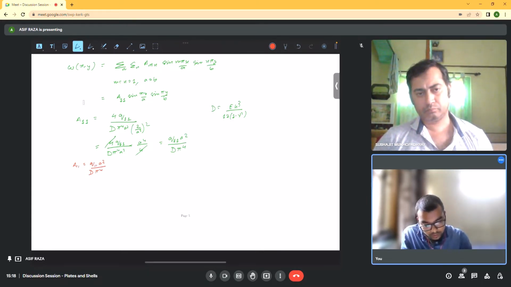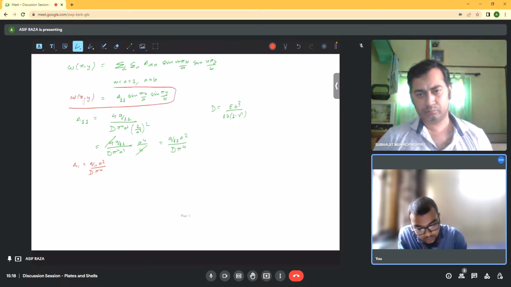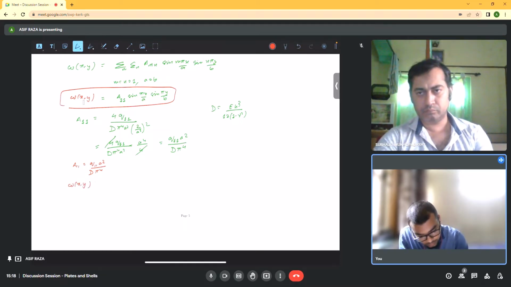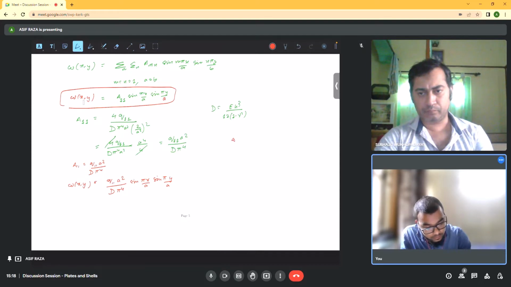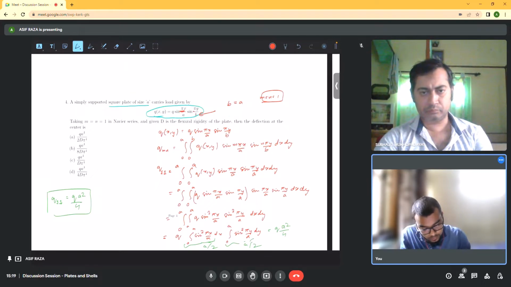Now if we substitute this in the equation for the deflection, so we'll have w(x,y) as Q11 a square by D by 4 sin(pi x by a) sin(pi y by a), and we have the value of Q11 as q a square upon 4.